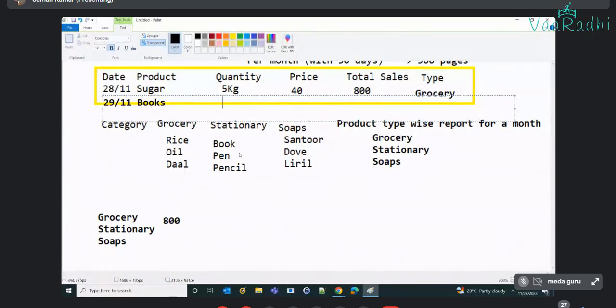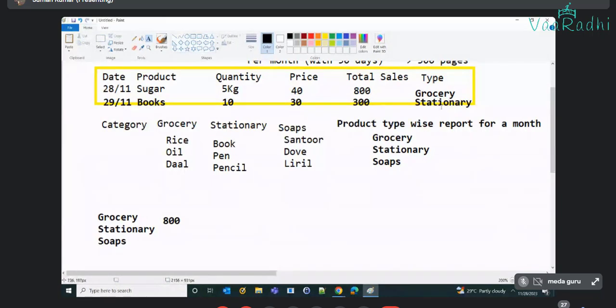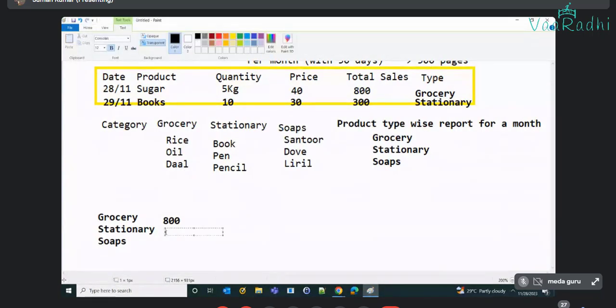So if I say 10 books, 30 rupees each, it will be 300. And what is the type, guys? Stationery. So if I have a second sale entry in the book like this, then I'll go to stationery and add 300 rupees as sales.